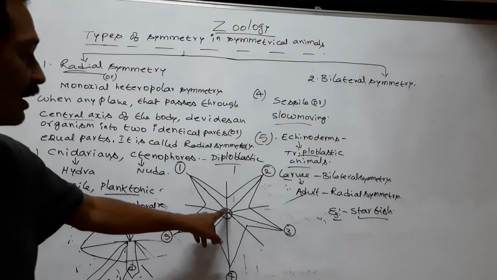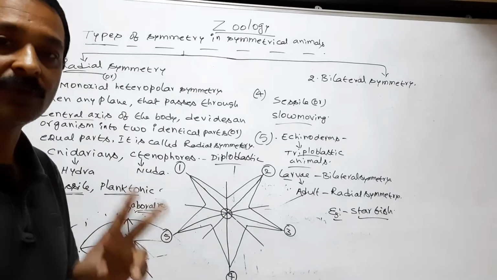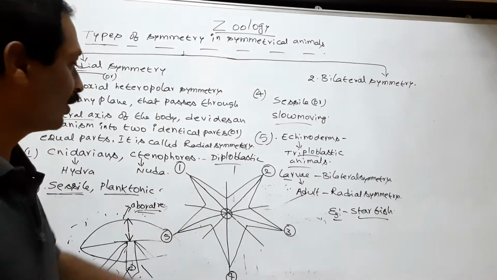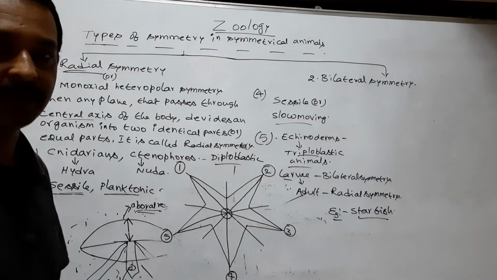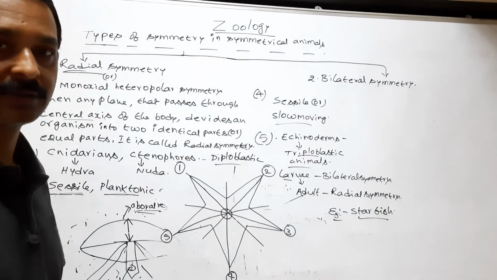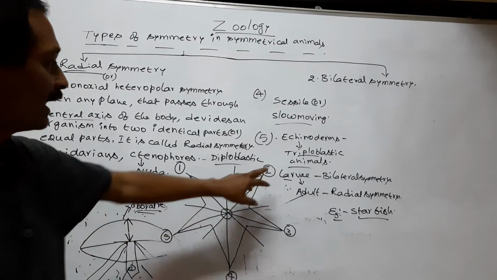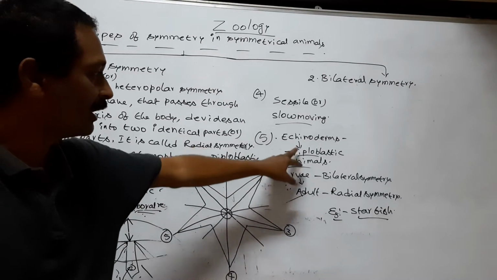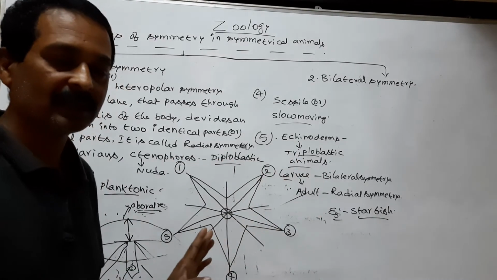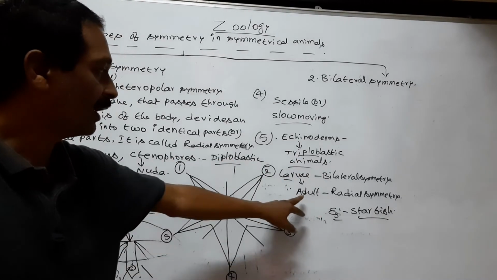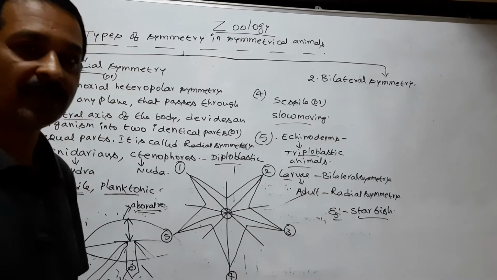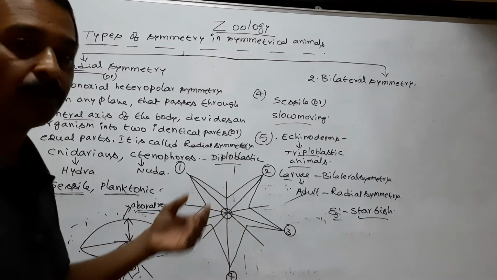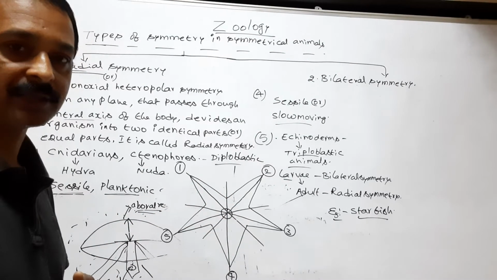So the larva of the echinoderms exhibits bilateral symmetry, but the adult echinoderms show radial symmetry. They develop 5 planes.